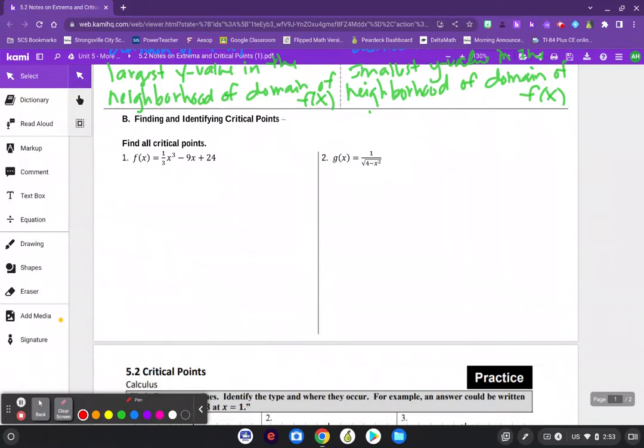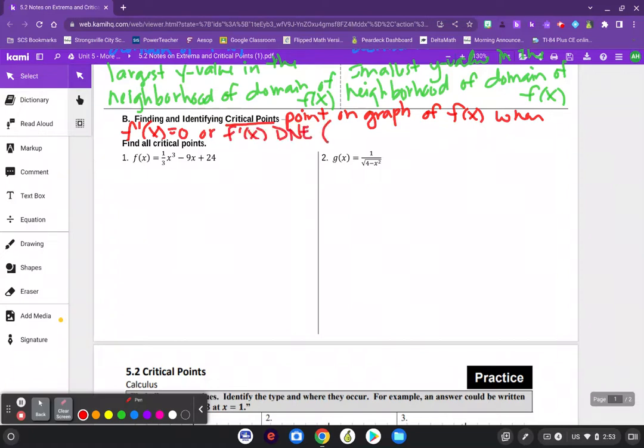A critical point is a point on the graph of f of x when the derivative, so I'm going to say when f prime of x equals 0 or when f prime of x does not exist.